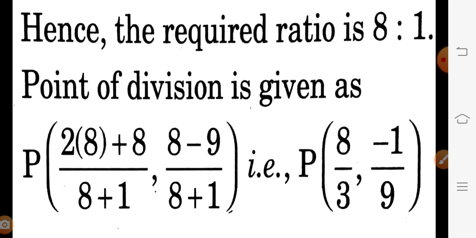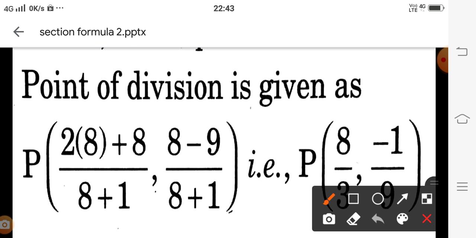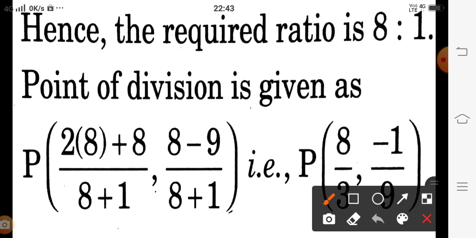Then if you have to find the coordinate, put the value of k in the first equation that you got by using the section formula when the ratio is k ratio 1. Then putting the value of k, we are getting (2 into 8 + 8)/(8 + 1), because the ratio is 8 ratio 1, so in the denominator we get 8 + 1.